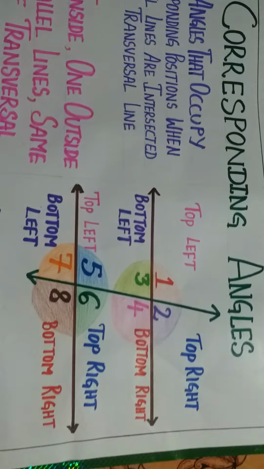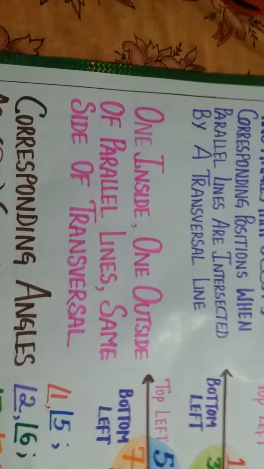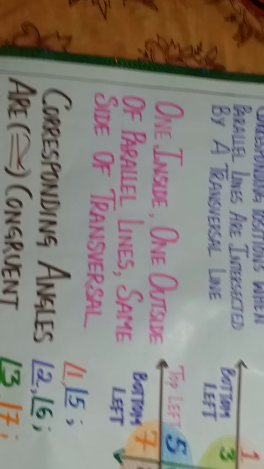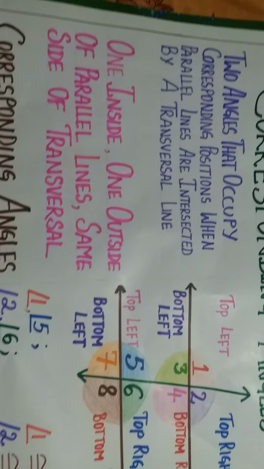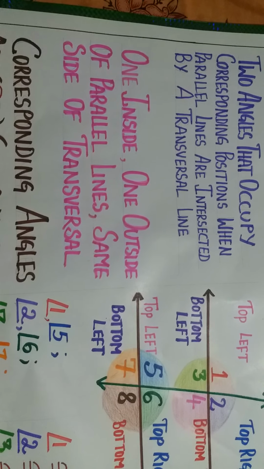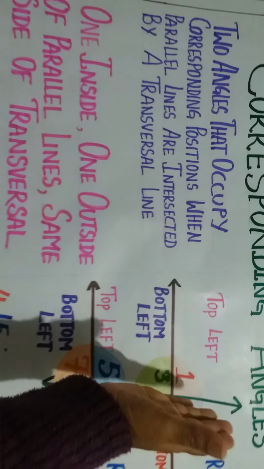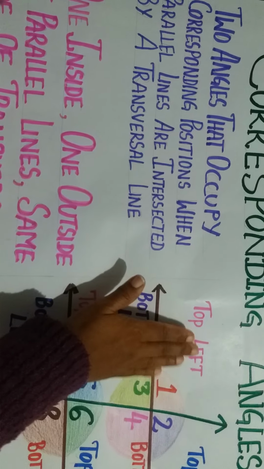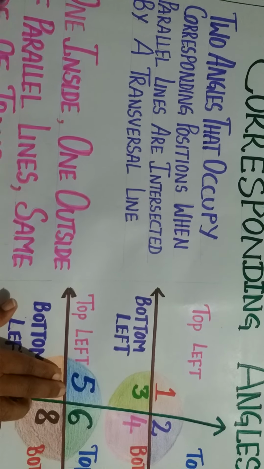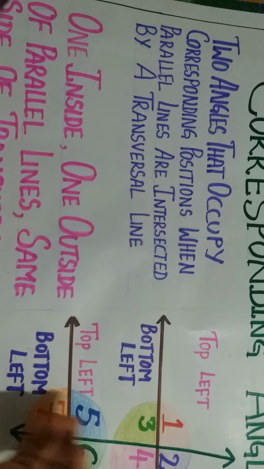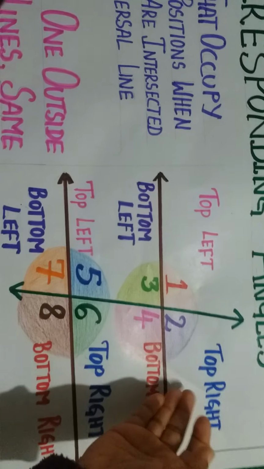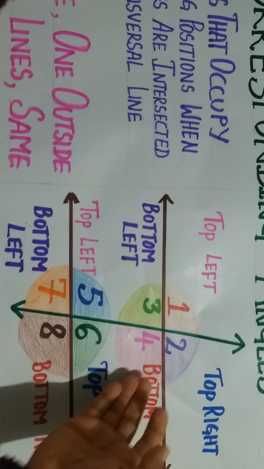Corresponding means simply one inside and one outside of the parallel lines, on the same side of the transversal line. This top left and this top left: 1 and 5. Bottom left and bottom left: 3 and 7. Top right and top right: 2 and 6.